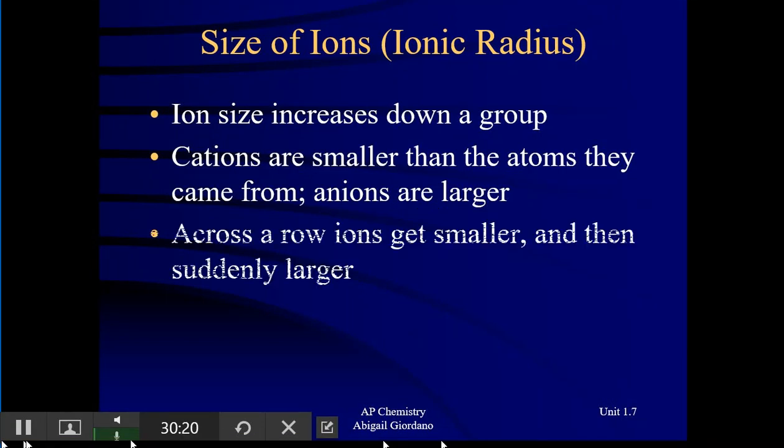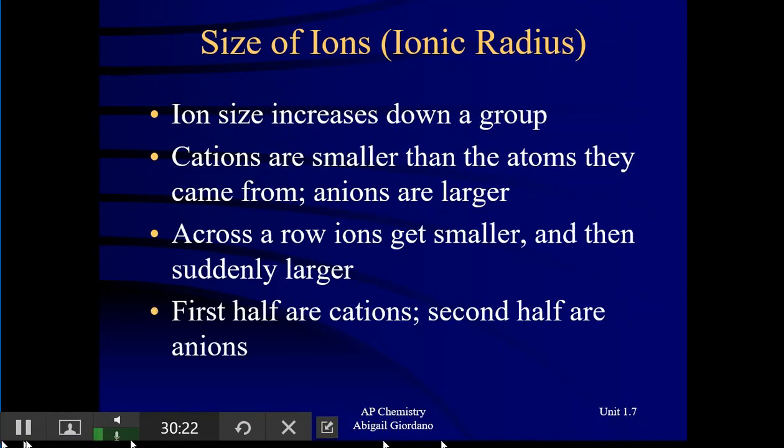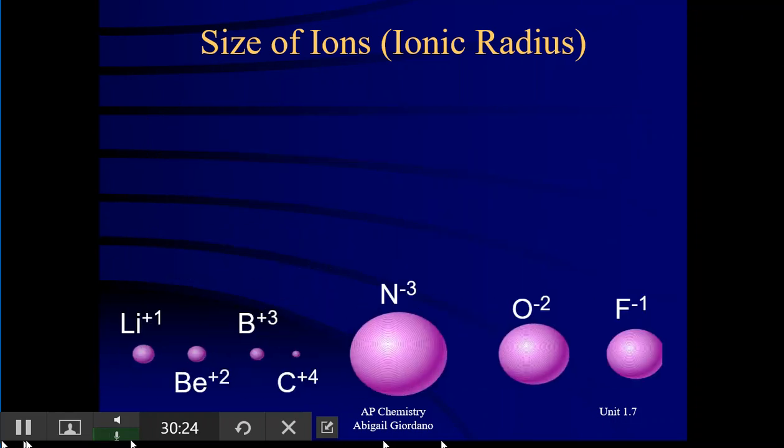All right, now I'm going to pull up a picture here to illustrate these next two bullet points. I want you to look at this. These are the ions going across period 2.